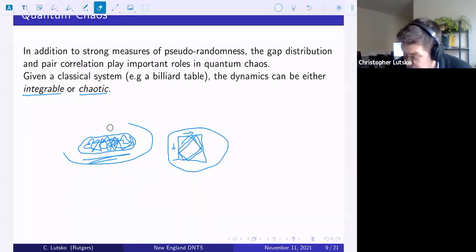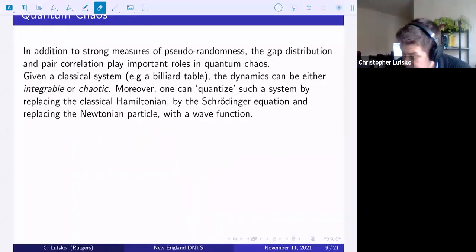Well, in the 1970s, mathematicians started to ask, is there a similar dichotomy in the quantum universe? So given, for example, a billiard table, we can consider the quantized dynamical system, which is just where you take the classical Hamiltonian and you replace it with a Schrodinger equation.